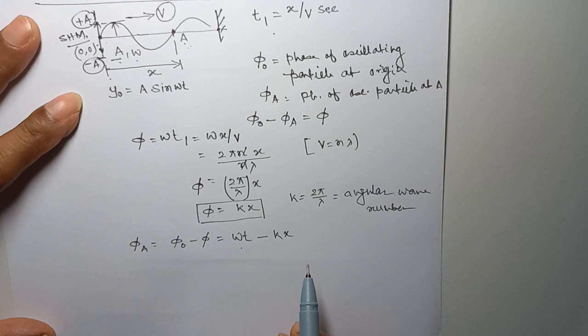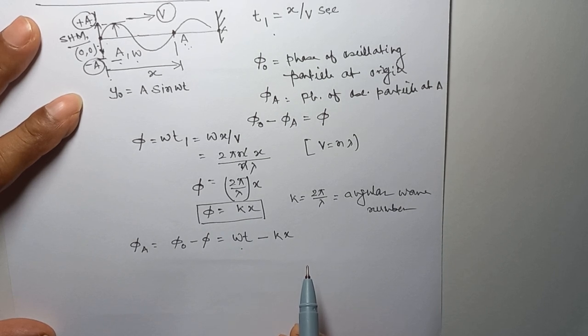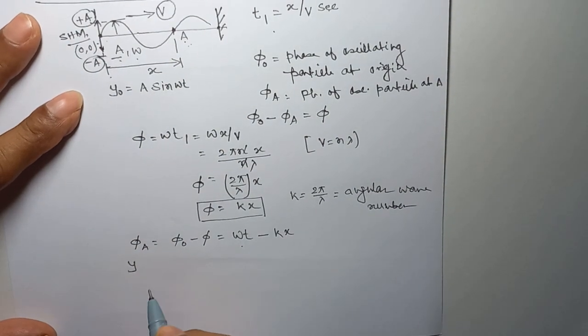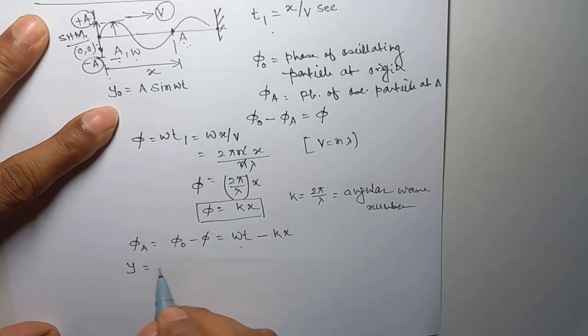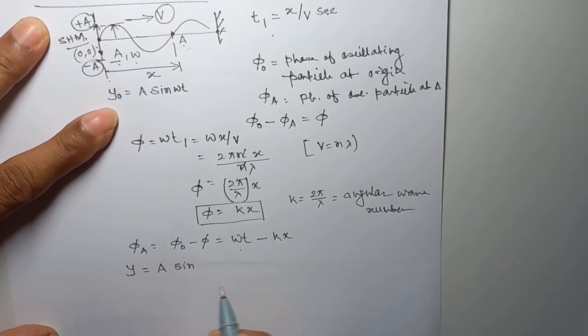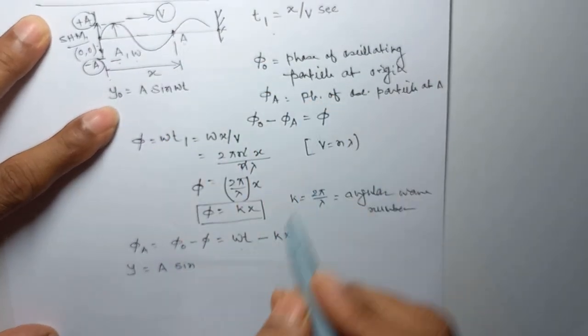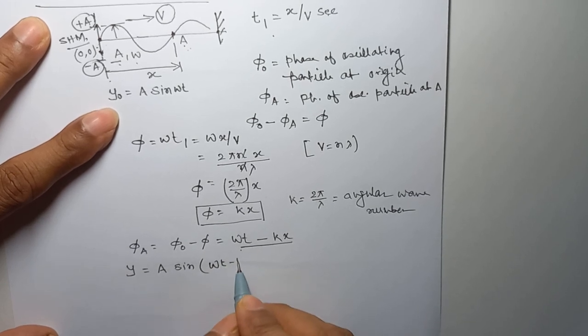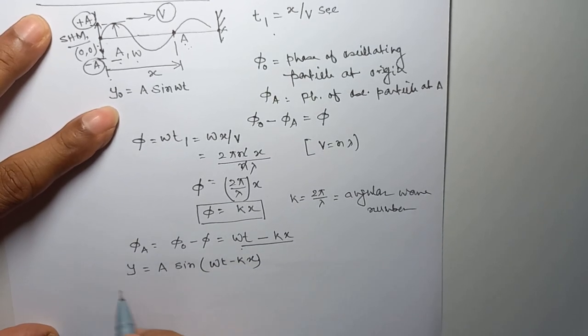Now we can write the equation of simple harmonic motion of the particles at point A as y is equal to A into sine, phi at A, which is omega t minus kx. So we can write sine of omega t minus kx.